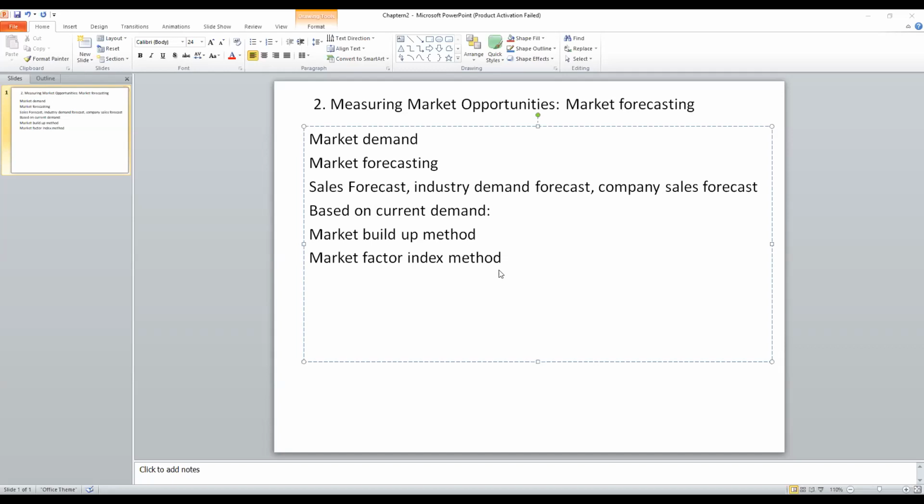Now, when we take the environmental forecasting, it calls for projecting factors like inflation, unemployment, interest rates, consumer spending, disposable income, savings, business investments, government expenditure. All these things come into consideration.